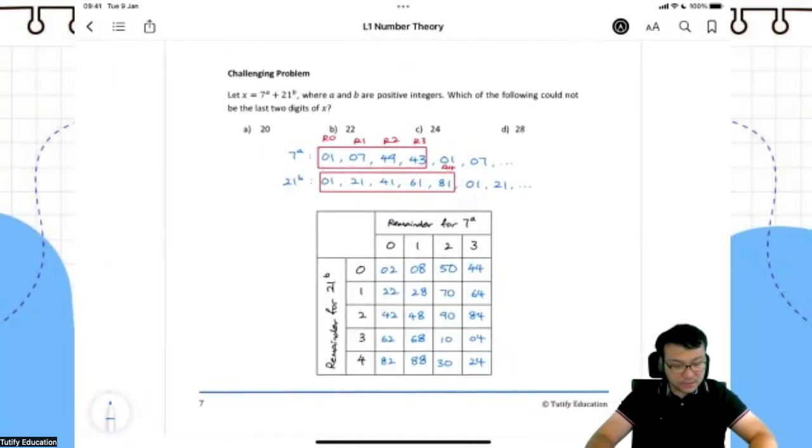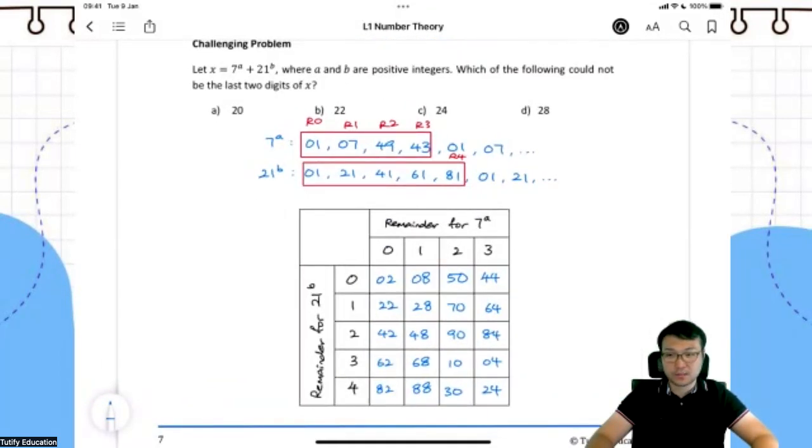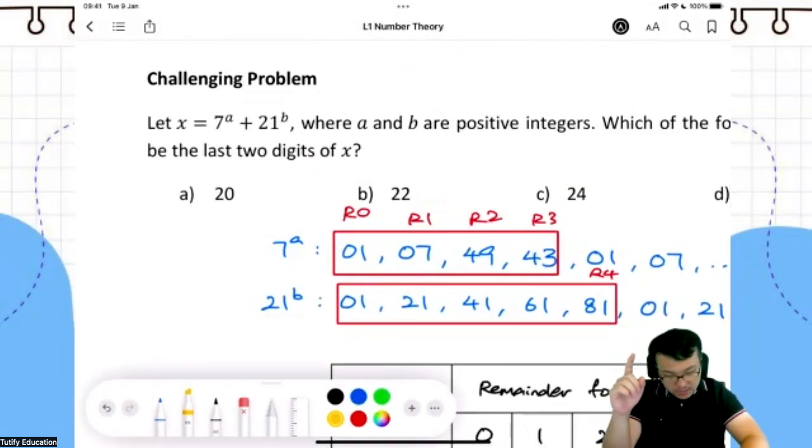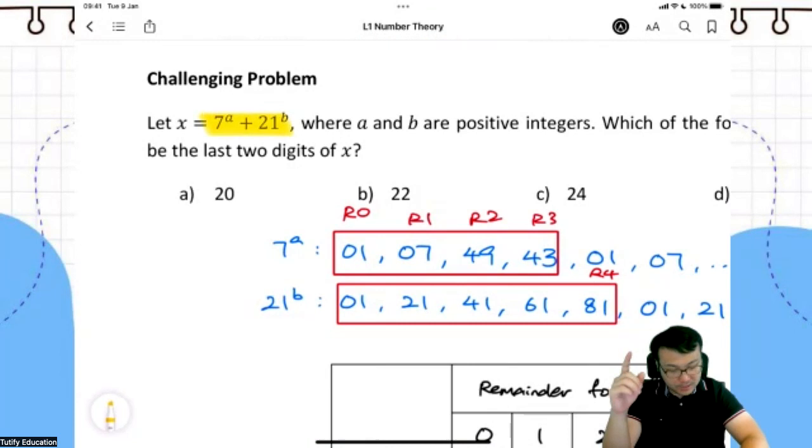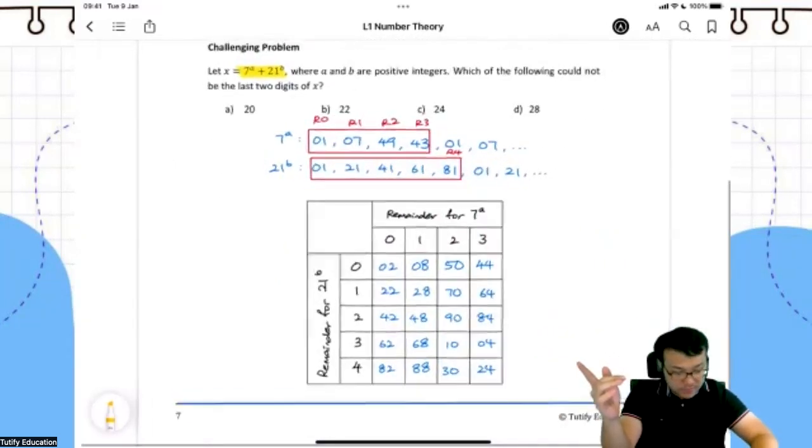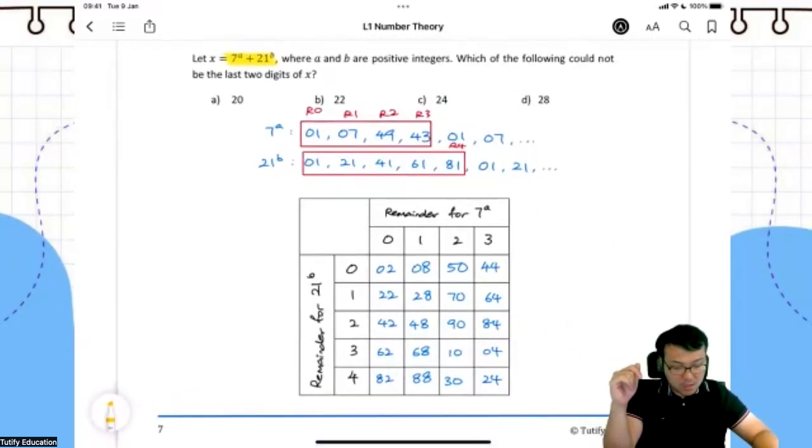Now, after filling up the entire table, let's go back to the question. Which of the following could not be the last 2 digits of our x? What is x? x is 21a plus 7a plus 21b, right? So out of all these multiple choice options, which number did not appear in this table? That means it is not possible to appear as an answer, as the last 2 digits.